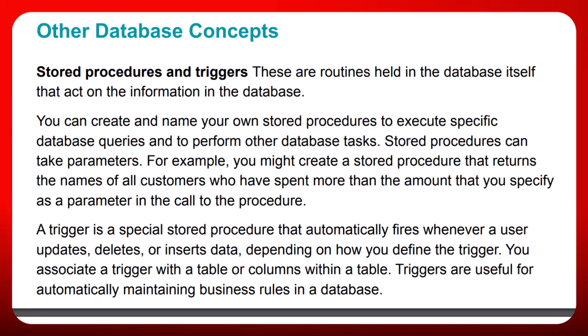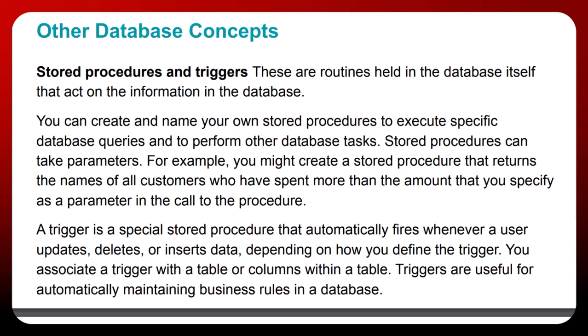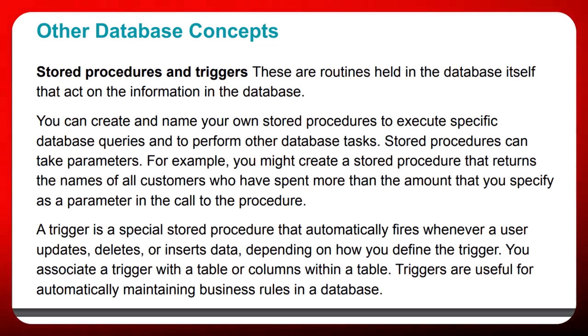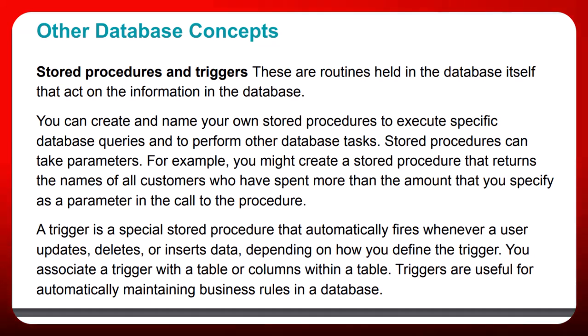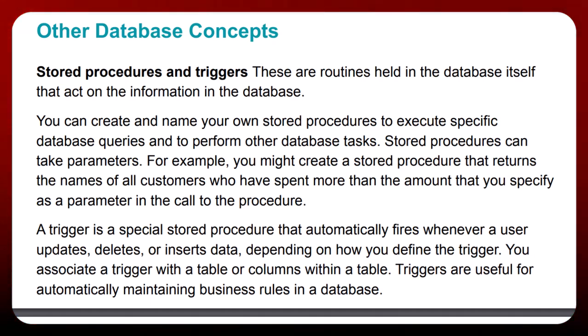Number two, what is a trigger? It is a special stored procedure that automatically fires whenever a user updates, deletes, or inserts data, depending on how you define the trigger. Because you need to know, if we are all working on the database, there is an admin who's gonna let us know whether we can access the data, like just view the data, or edit the data.